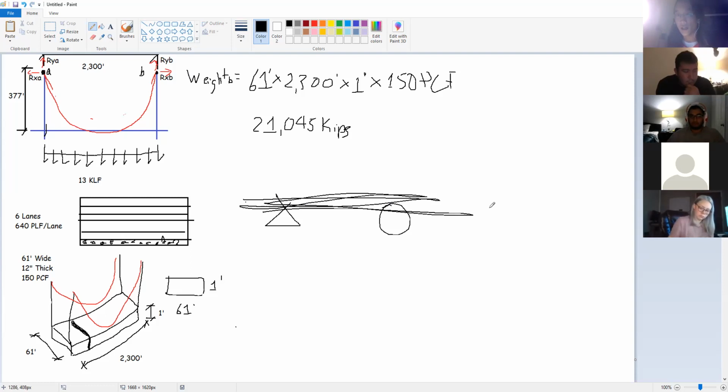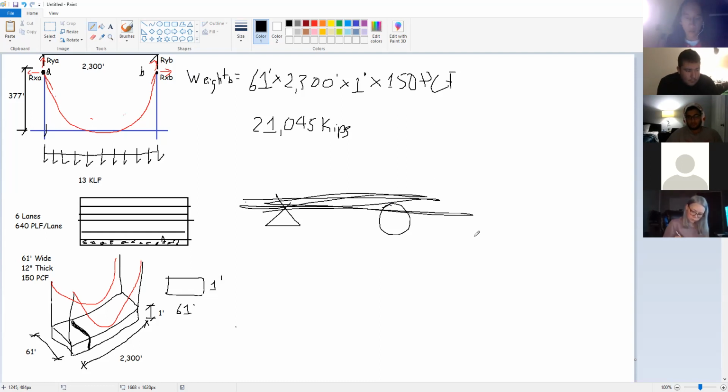Bam, there's our free body diagram. We never really took into account the weight of the actual beam that we're doing work on, because that's what we're doing the measurements on.